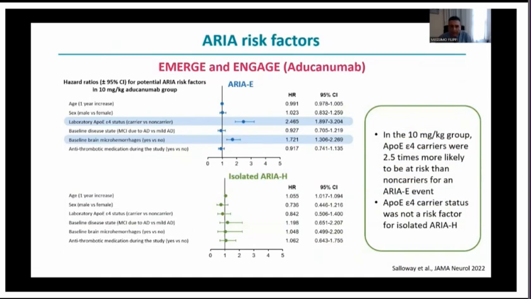Back again to Emerge and Engage, to see the risk factors, and nothing new from this meta-analysis, in which you could see that again for ARIA-E, this study has taken into account very many other potential risk factors, but the two risk factors associated with ARIA-E are ApoE epsilon 4 status, as well as already having macrohemorrhages on the baseline MR scans before treatment.